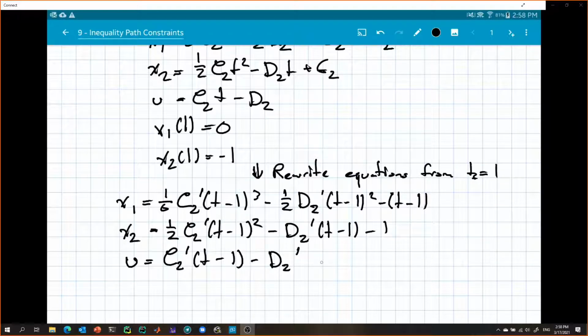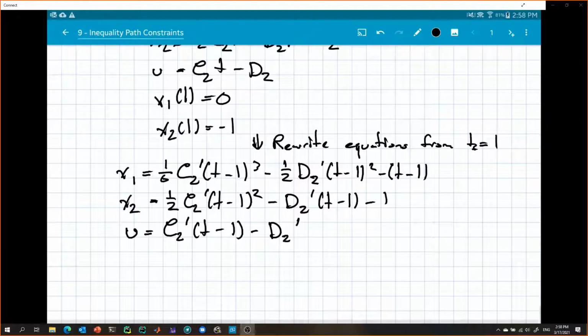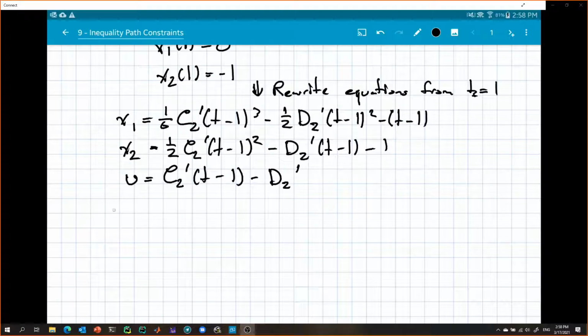So actually this isn't described in the notes so much, but then you have additional 3 conditions. So at t is equal to t2, and this is how you would solve for all those constants. We have x1 at t2 is equal to 1/8, because it's on the constraint.